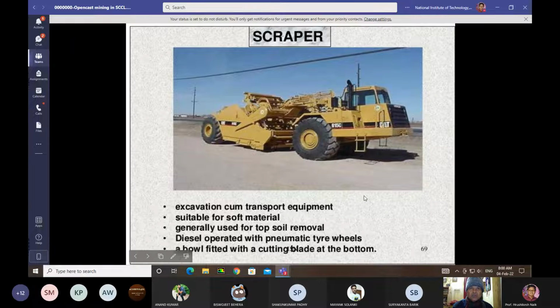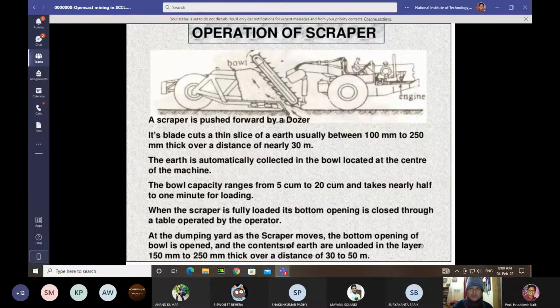So the operation of the scraper can be understood from this diagram. You just see this is the engine and above the engine your operator is sitting. This is the wheel, and this is the cutting. This is a chain like cutting device. So whatever material is cut, it is taken to this bowl, and after that it is transported.